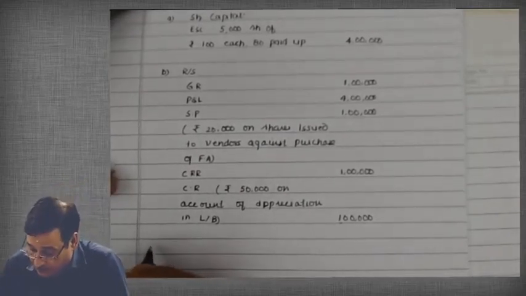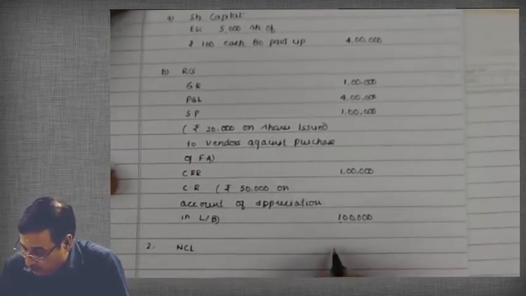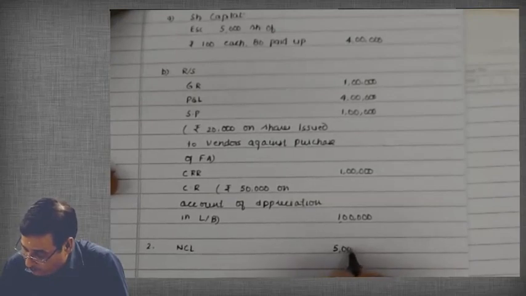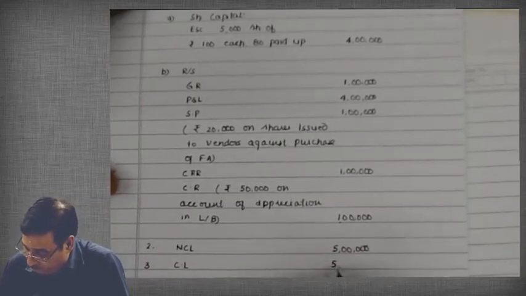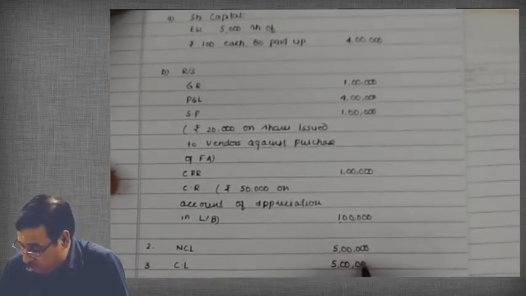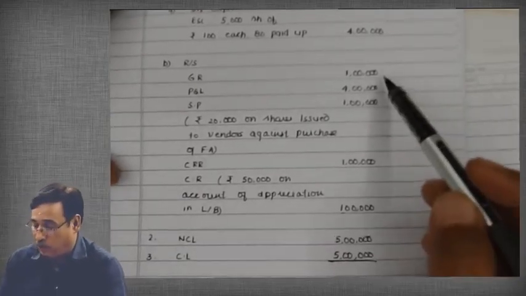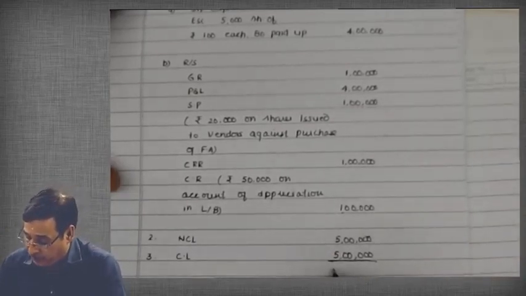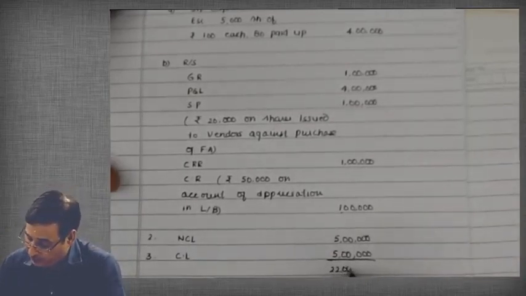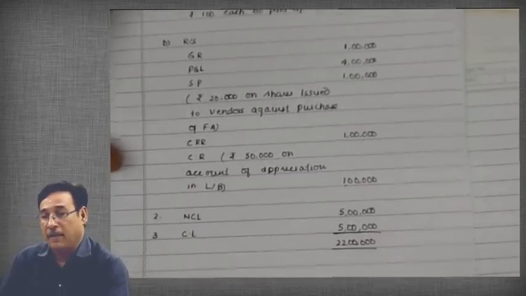Then non-current liability, let us say 5 lakhs, current liability 5 lakhs. Correct? So what will be the total? Total is 5, 9, 10, 12 and 10. That is equal to 22 lakhs. Correct?